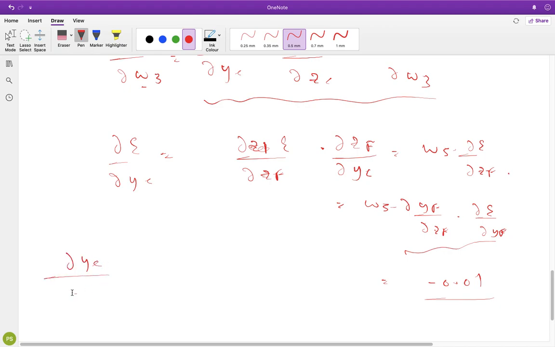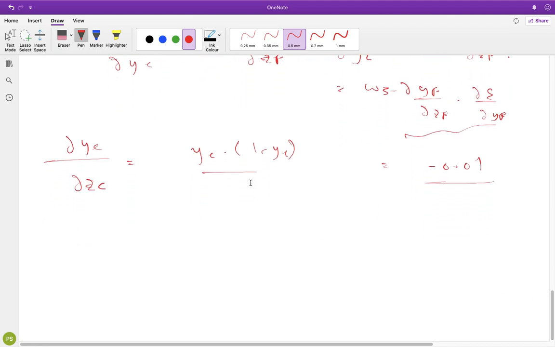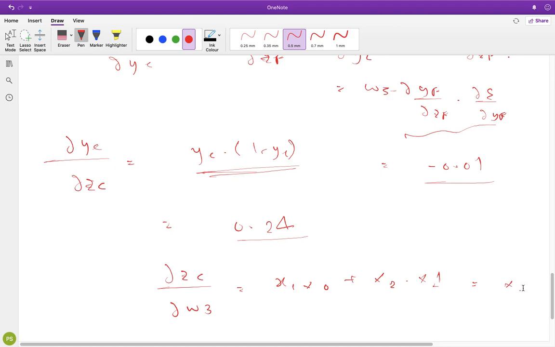Now we calculate dyc by dzc. This is yc times (1 minus yc). I have told you this is the standard answer for the derivative of the logistic function. When we plug in the value of yc, the output of the C neuron, we get 0.24. Similarly, we get dzc by dw3, which is x1 times 0 plus x2 times 1, so this is equal to x2, which is 0.82.